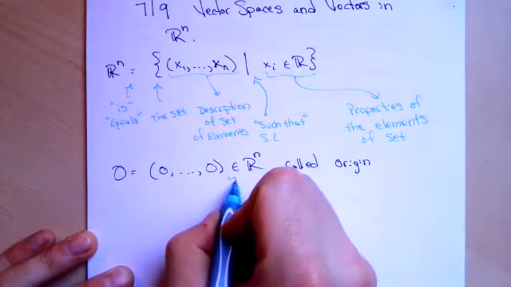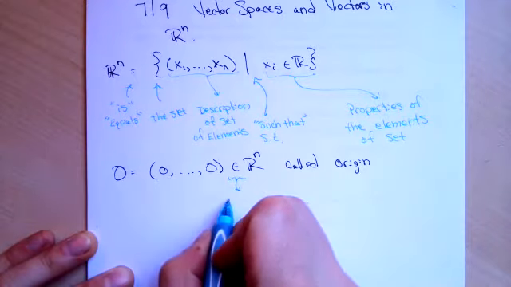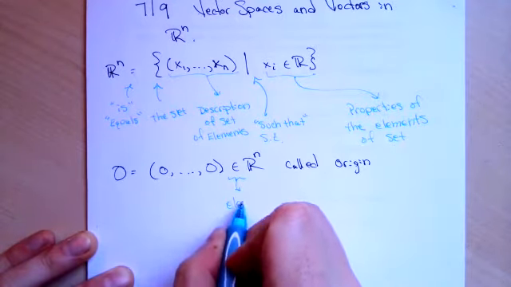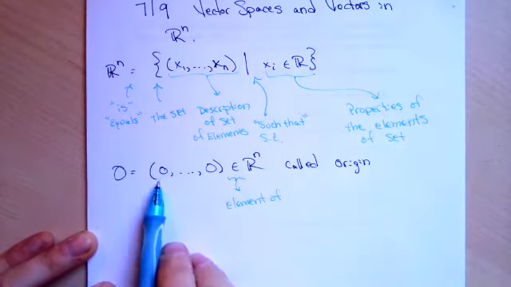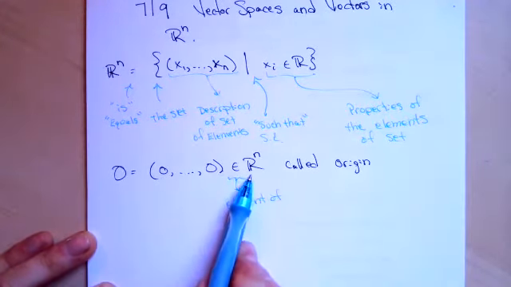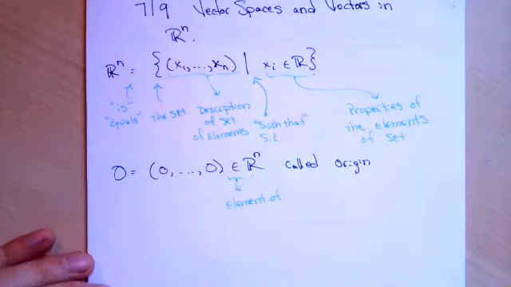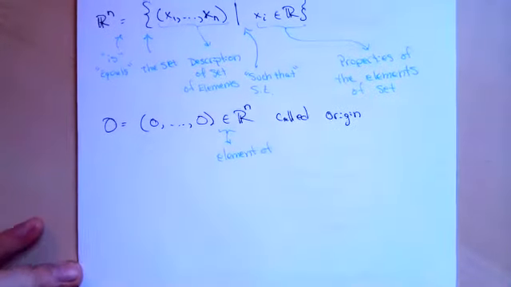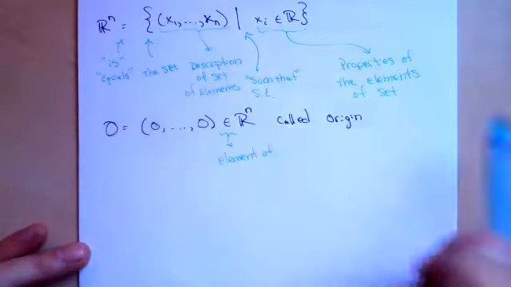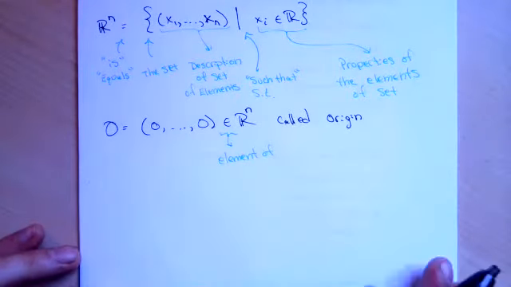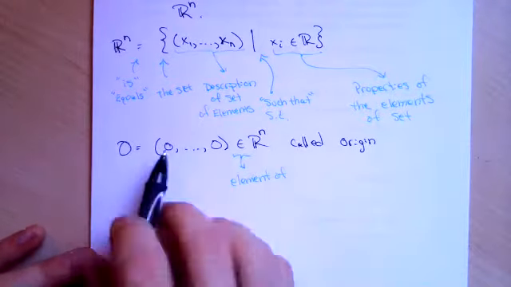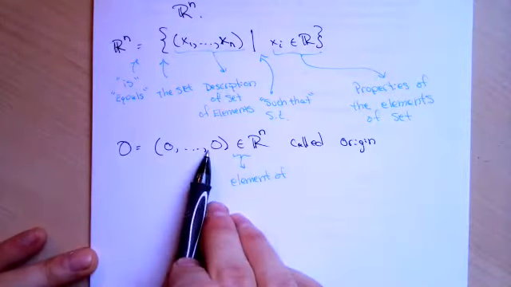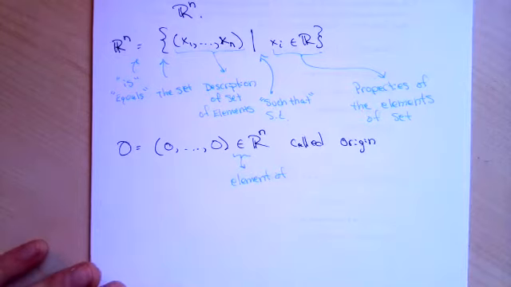Again, this symbol here means "element of." So this tuple is an element of our set Rn, meaning that this tuple satisfies the definition of how we defined our set. And of course, it's the origin. Every coordinate is just 0.